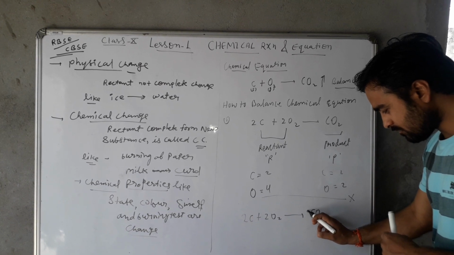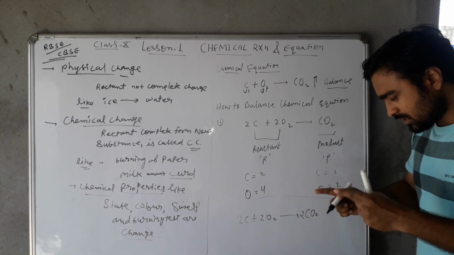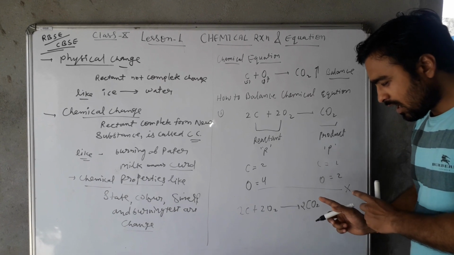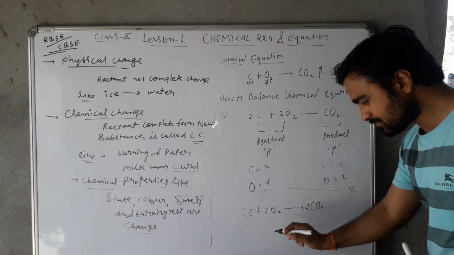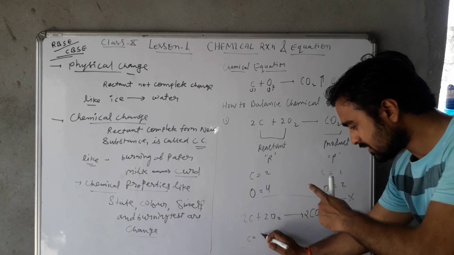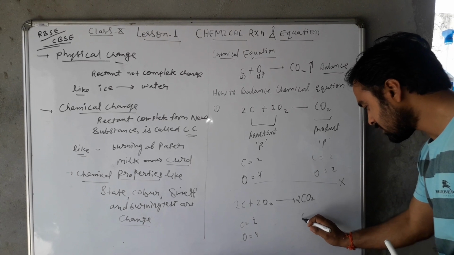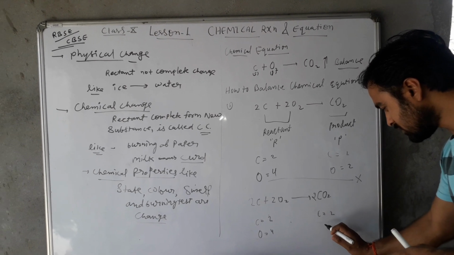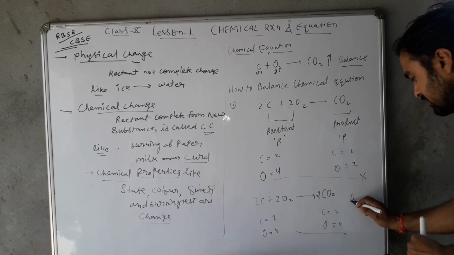So when we use 2 here, how many atoms of carbon and oxygen are present in the product? Carbon 2 and oxygen 4. This reaction is balanced.